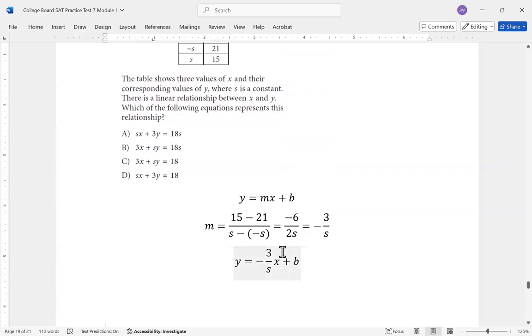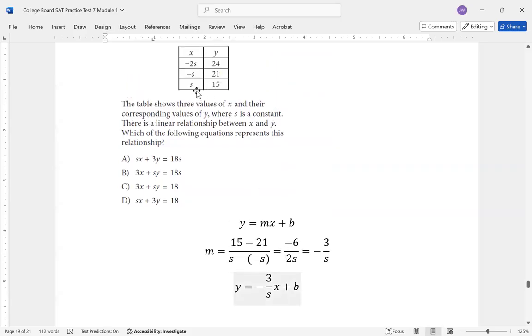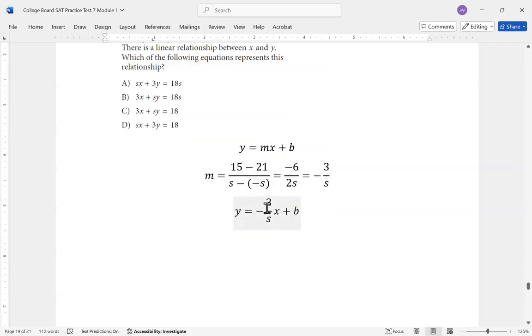Now I'm going to plug in a point. I'm going to plug in the point (s, 15) into this line to get b. So when I do that, I put 15 in for y equals -3 over s, and in for x, I'm going to put the s. It's a little bit of a tongue twister here.